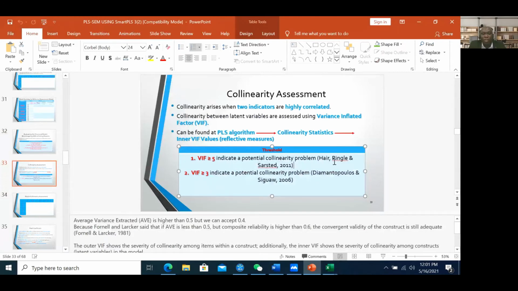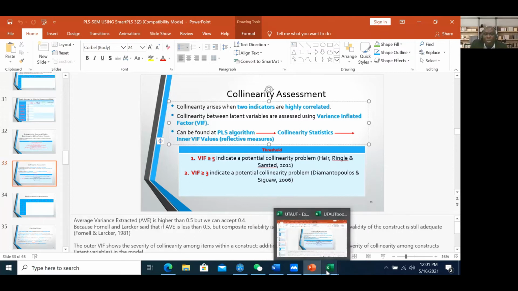According to Hair and Co, it has to be less than 5. If it's greater than 5, then you have potential co-linearity. Co-linearity assessment basically looks at how highly correlated two indicators are, how they are related.